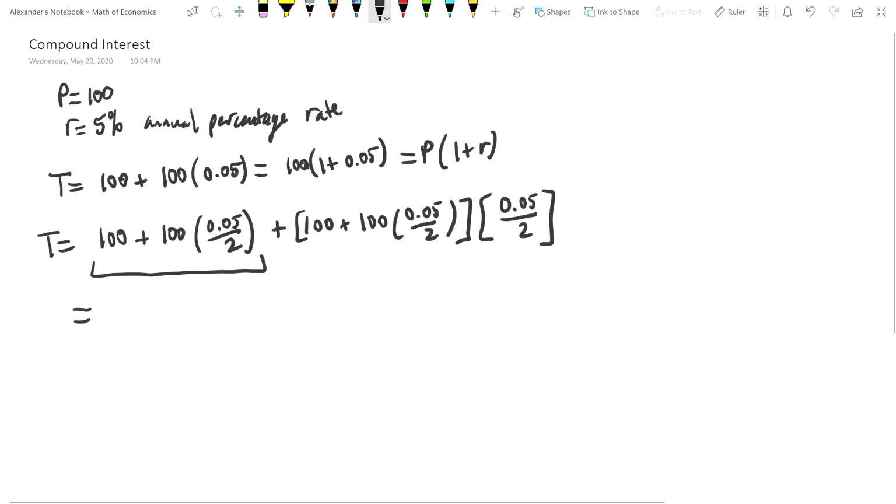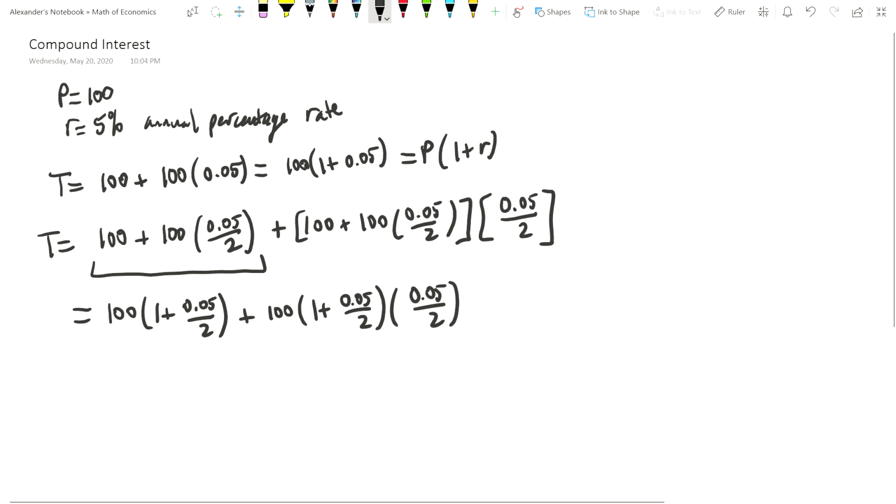So this is equal to 100 times 1 plus 0.05 over 2 plus 100 times 1 plus 0.05 over 2 times 0.05 over 2.